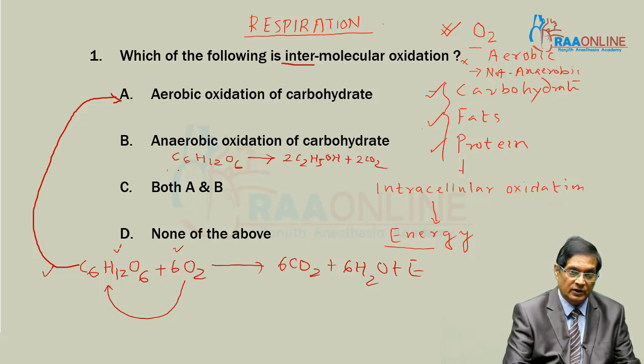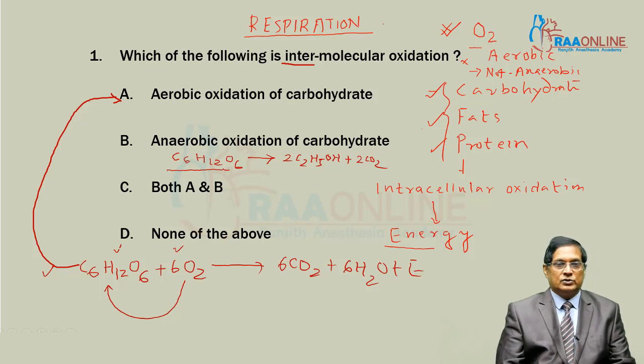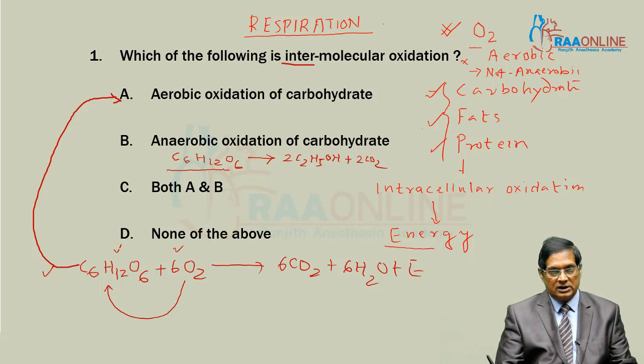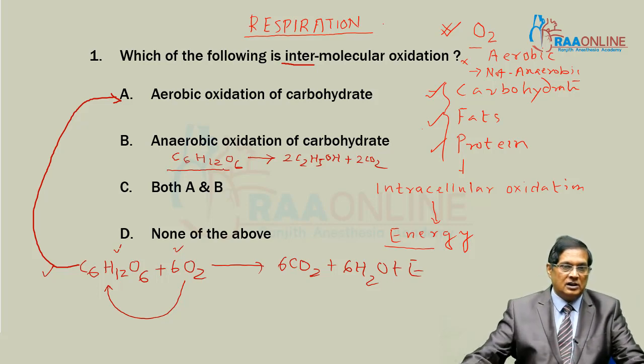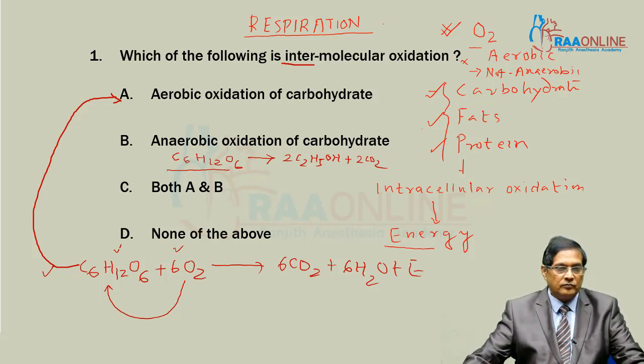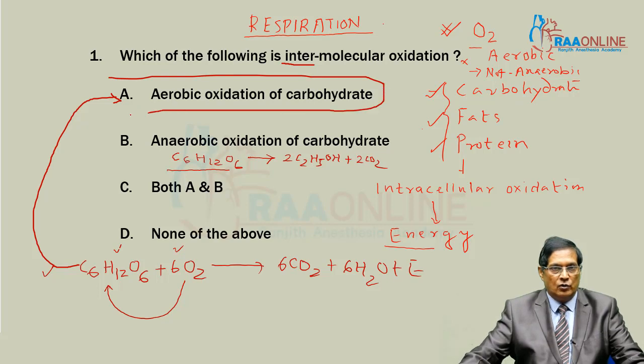In this case, only one molecule is there. So anaerobic respiration is intramolecular oxidation. Aerobic respiration is intermolecular oxidation. So the answer of the first question is aerobic oxidation of carbohydrate.